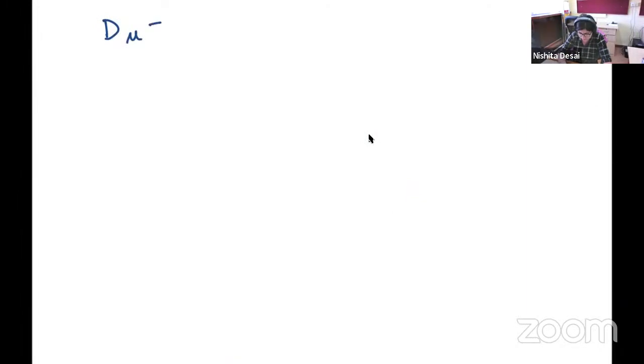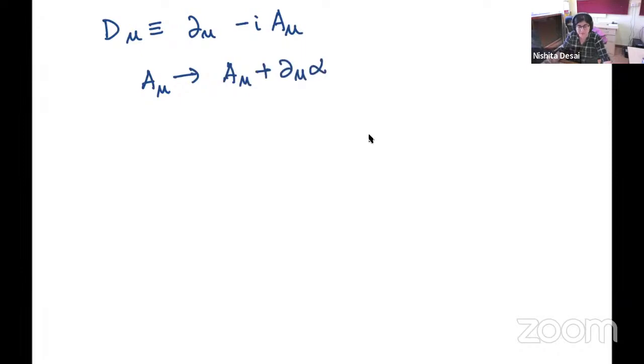defining a covariant derivative in this way, where you have this extra field A mu, which transforms as A mu plus del mu alpha. So this is the same as last time, right? So now if we look at what is happening to the Lagrangian, this gives you a term that's as before.